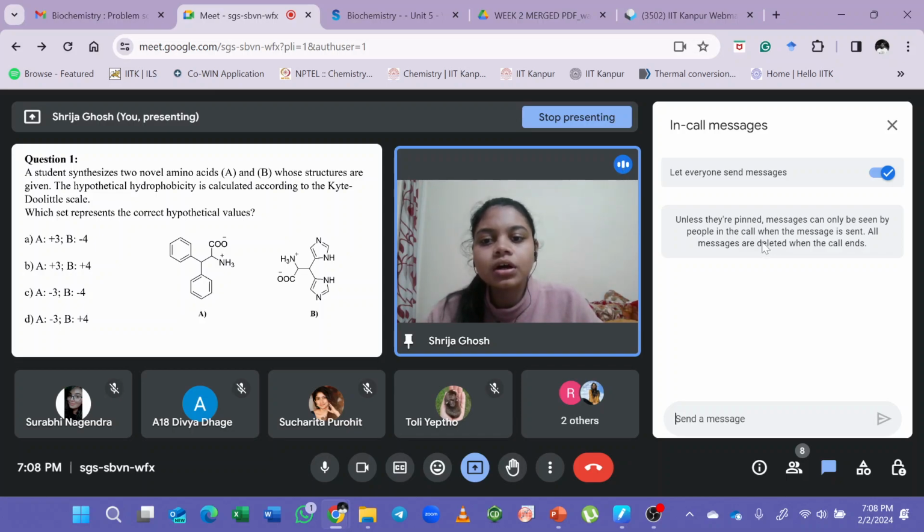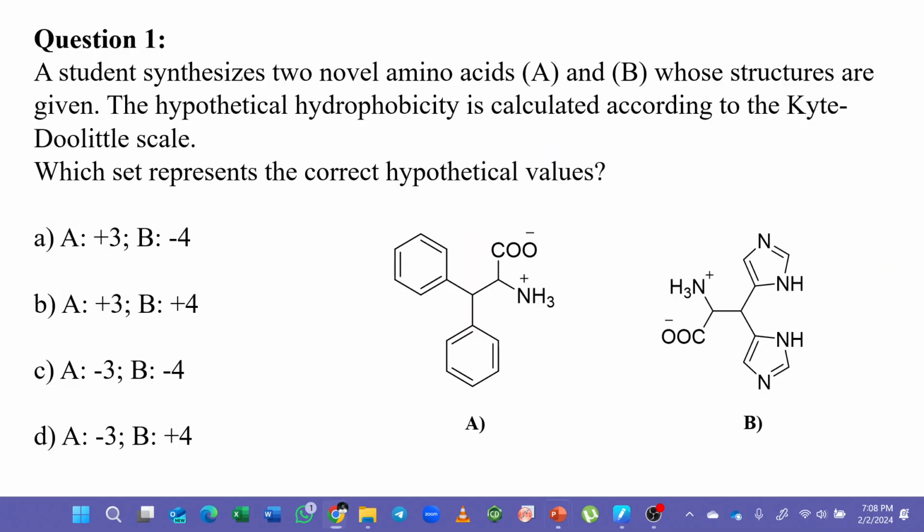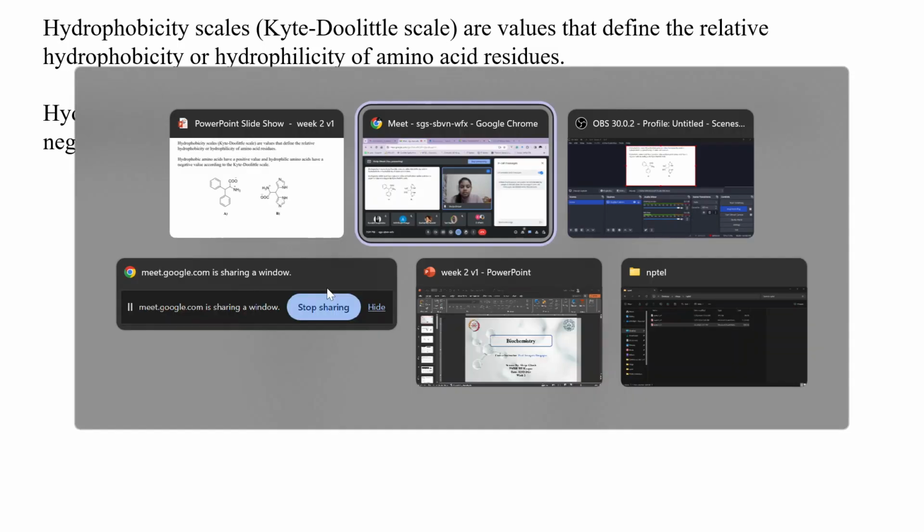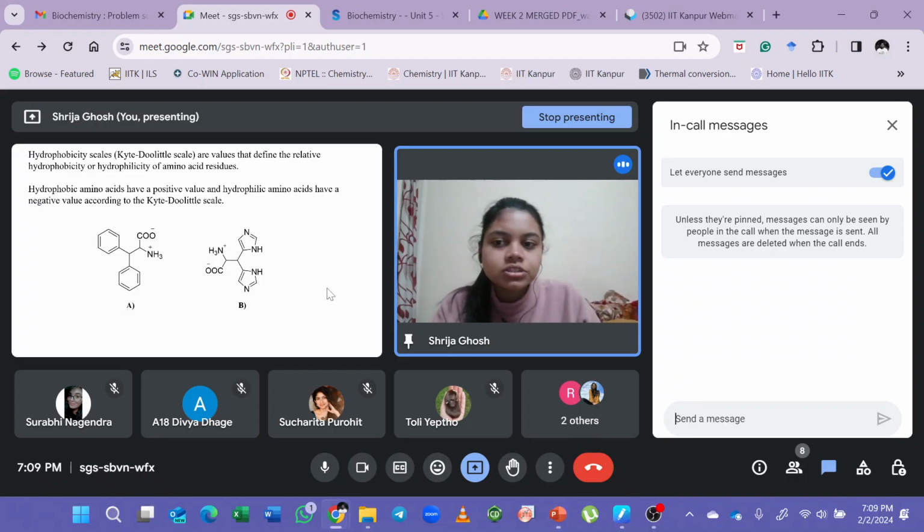Let's say I have any molecule: if it is hydrophobic, it will have a positive value, and if it is hydrophilic, it will have a negative value. So here we have two structures. Which one of these is hydrophobic and which one is hydrophilic? Can anyone answer?